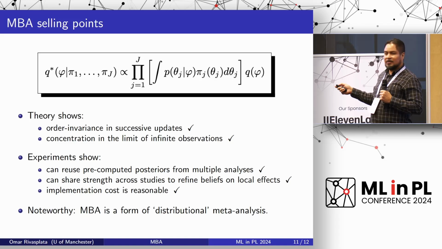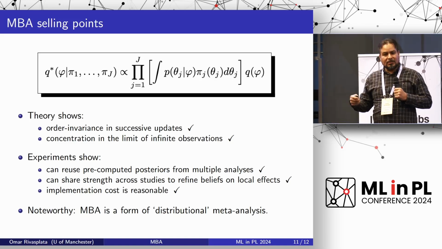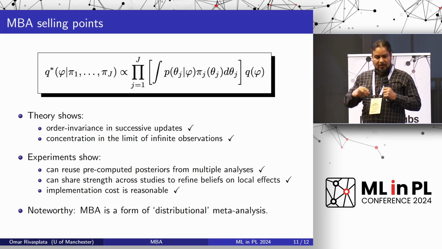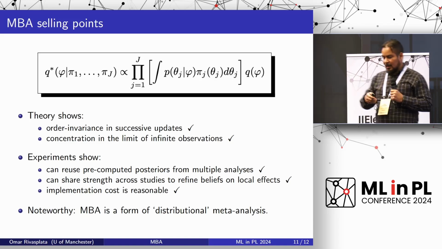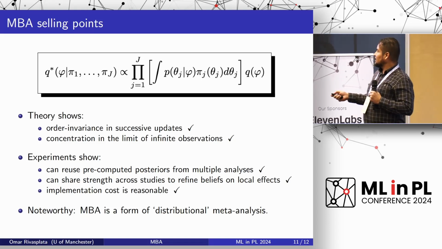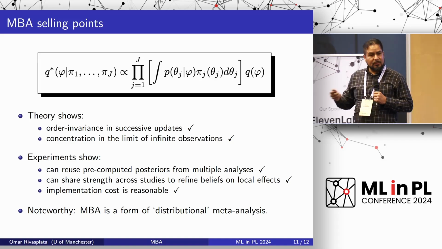And the other one is concentration in the limit of infinite observations. The more observations, the more data you feed to the model, the more the model should shrink around a region of high probability. Again, the experiments show these two properties. We can reuse pre-computed posteriors. We don't have to compute them again.